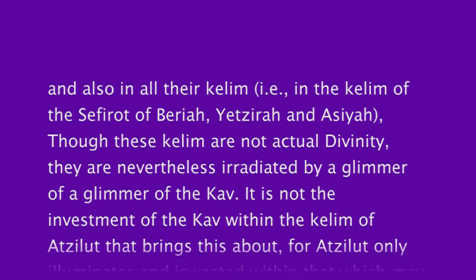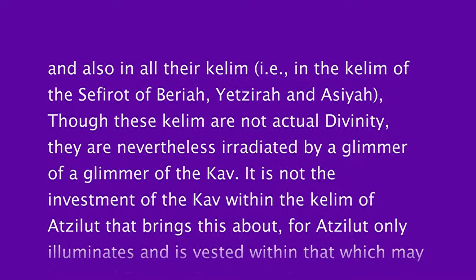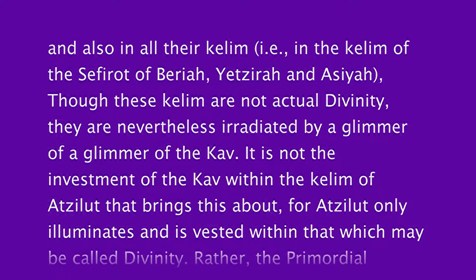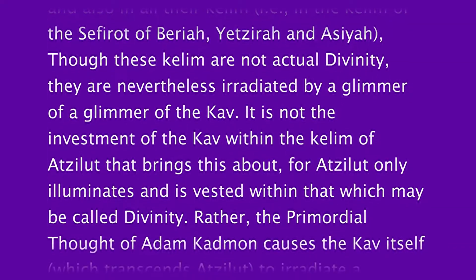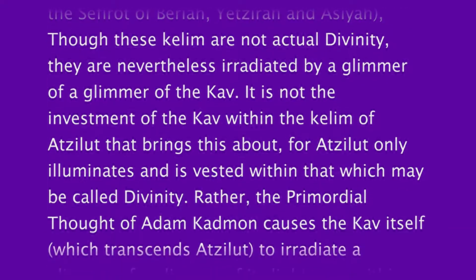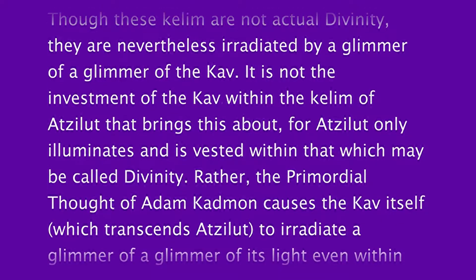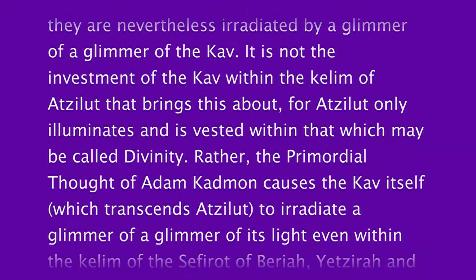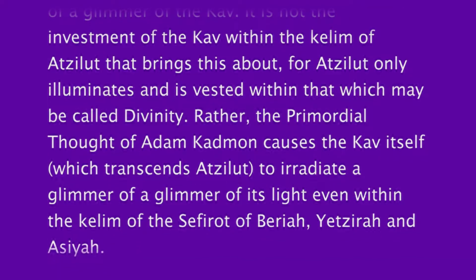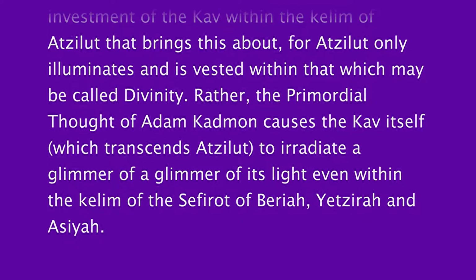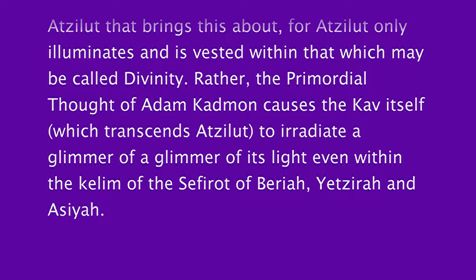It is not the investment of the Kav within the kelim of Atzilut that brings this about, for Atzilut only illuminates and is vested within that which may be called divinity. Rather, the primordial thought of Adam Kadmon causes the Kav itself, which transcends Atzilut, to irradiate a glimmer of its light, even within the kelim of the sefirot of Bria, Yetzirah, and Asiyah.